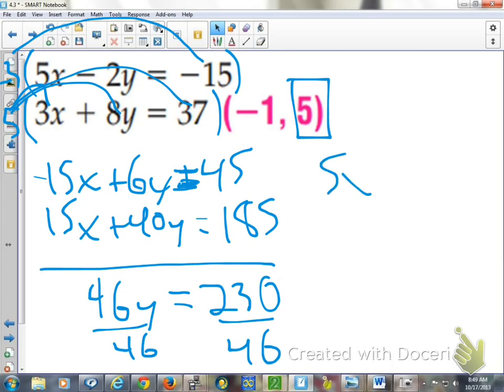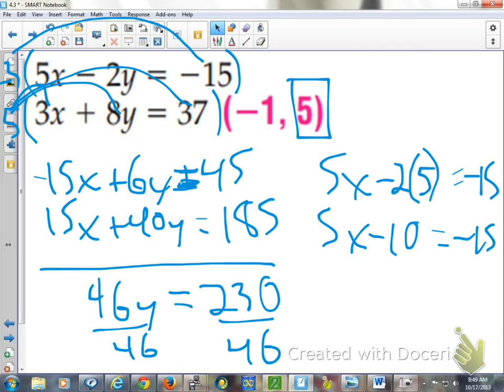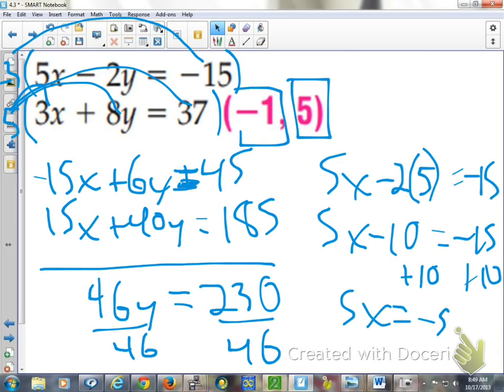So it'd be 5x minus 2 times 5 equals negative 15. So that's 5x minus 10 equals negative 15. Add the 10 to both sides. 5x equals negative 5, which I think you can see that x is going to be negative 1 when you divide both of those by 5.